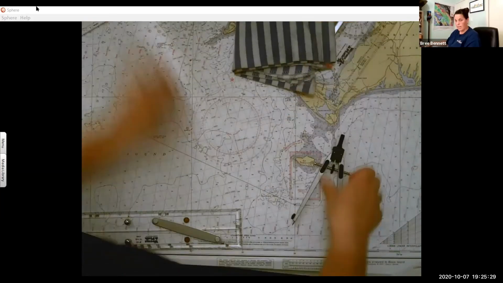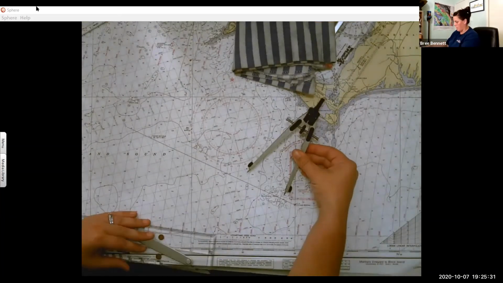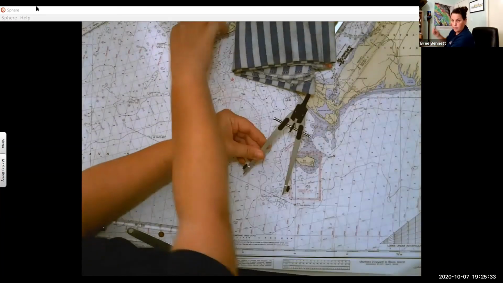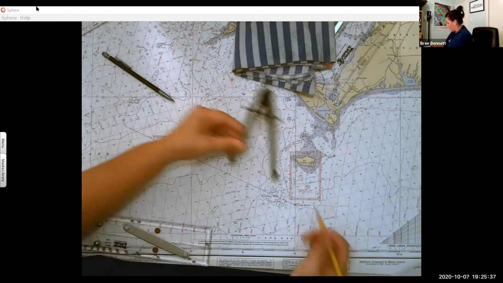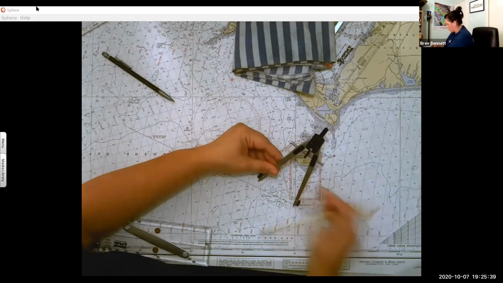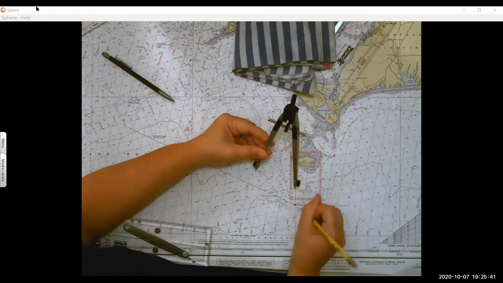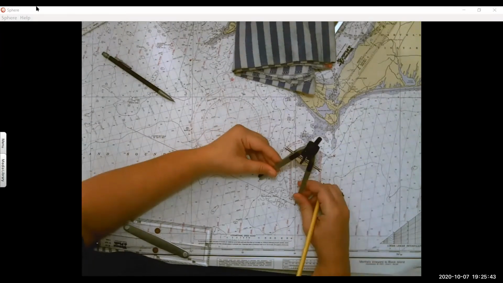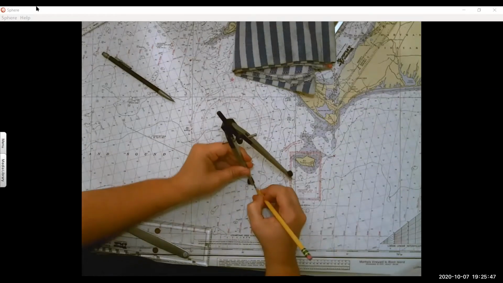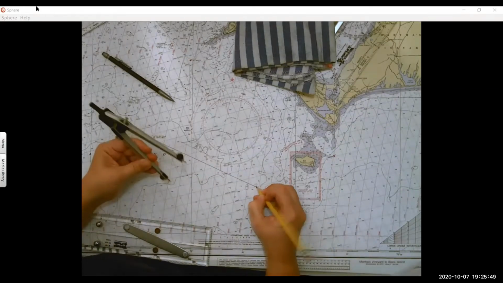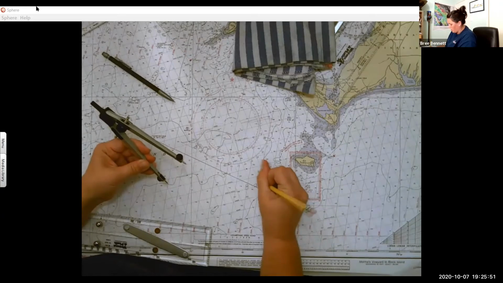Correct. So I have 3.15 on my dividers here. I'm going to start at the buoy. I was at the buoy at 0800. I think I'll be here at 0830.